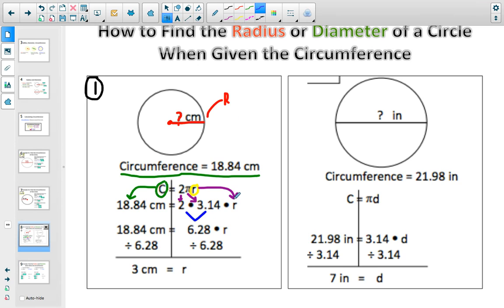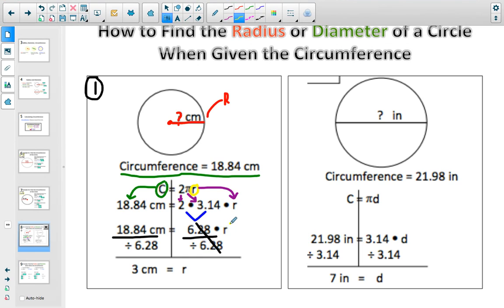We want to get r by itself, so we have to do the opposite of multiplying by 6.28, which is dividing by 6.28. On the right side here, when you do 6.28 divided by 6.28, that cancels out. And remember, whatever you do to one side, you have to do to the other side. So 18.84 divided by 6.28 is going to get us our answer.